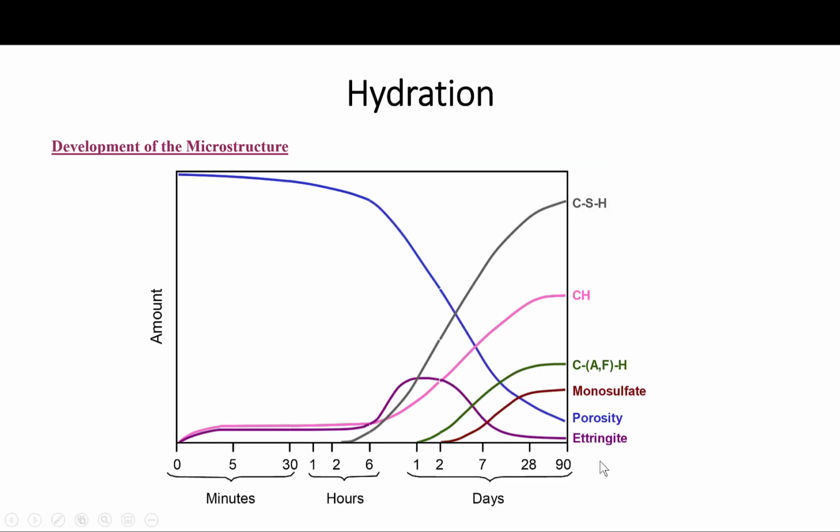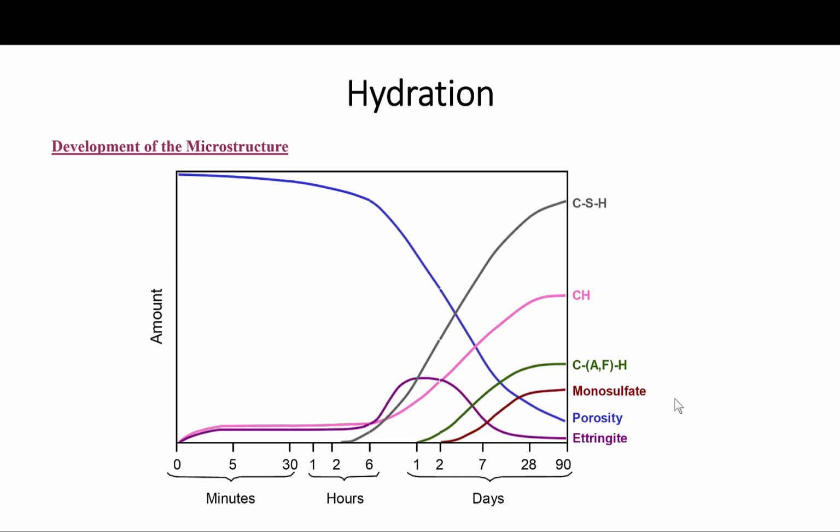And again here, ultimately you will see calcium silicate hydrate, the most abundant phase. Porosity goes down considerably. Hydration products completely formed: calcium hydroxide, other hydration products, the monosulfate phase, which coincides with the decrease in ettringite because ettringite converts to this phase, as we discussed before.